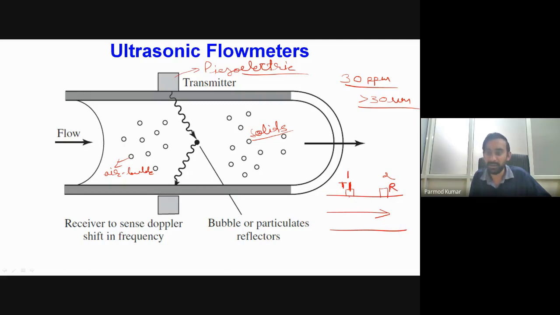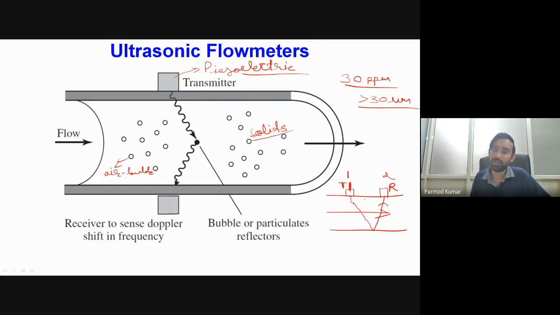The transmitter produces a signal, and that signal passes through the flow and reaches the other periphery of the pipe surface. From the pipe surface the signal is reflected, and it is then received by transducer number 2.